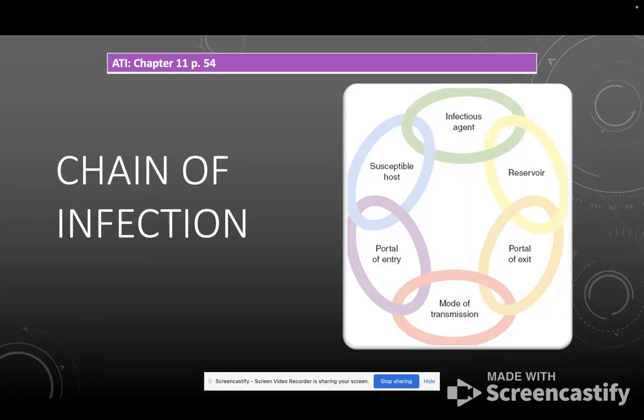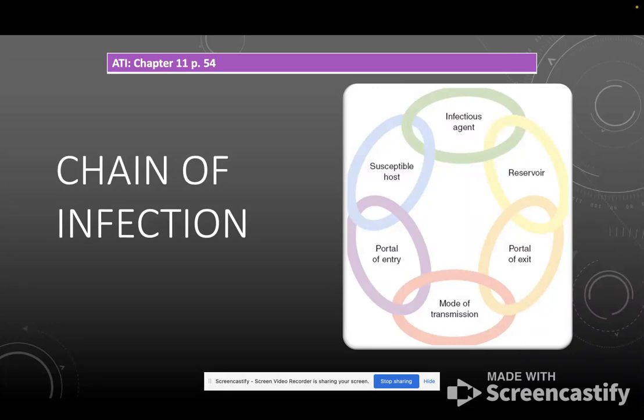Those are great sources of entry for the infectious agent to enter in. Then you have your susceptible host. That could be anyone, could be any of us. Particularly you being in nursing school and newly being exposed to a lot of different things, you may be a susceptible host, but that could be anybody.